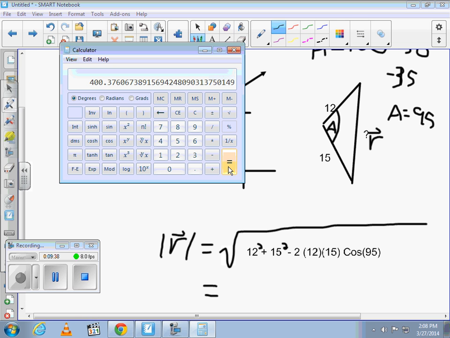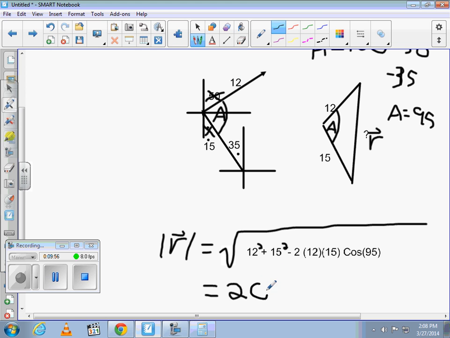And that's equal to 400.376. And we now want to take the square root of that. And the square root of that is 20. So our magnitude here is equal to 20. That makes r equal to 20.